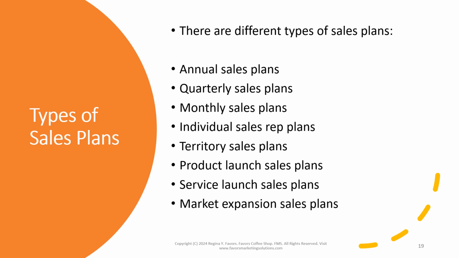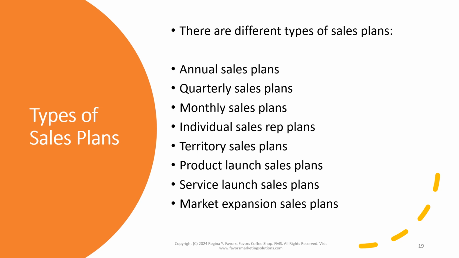All right, so there are different types of sales plans. So there's an annual, quarterly, monthly, individual sales rep, territory, product launch, service launch, market expansion. And again, you can research this, conduct a Google search on what this means. I think it's much more self explanatory.